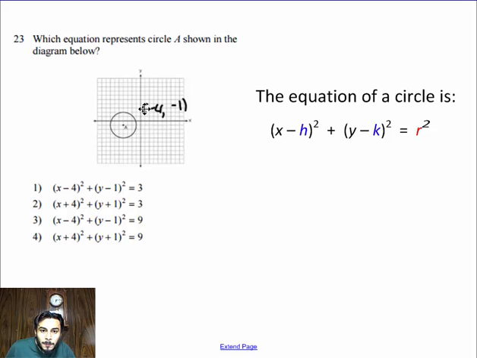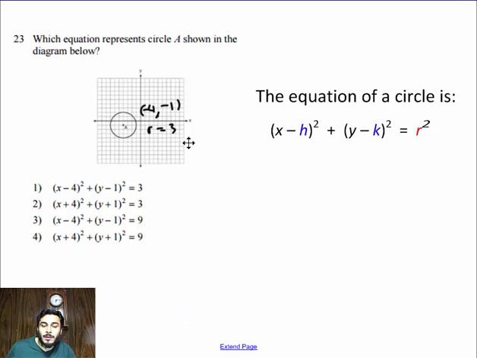That's the center of the circle. It's a little sloppy. I'm going to write that again. Okay, my bad. -4, comma, -1. Now the radius, so to get the radius, you just have to count from the center to a point on the circle, and when you count, it comes out that the radius is equal to 3.